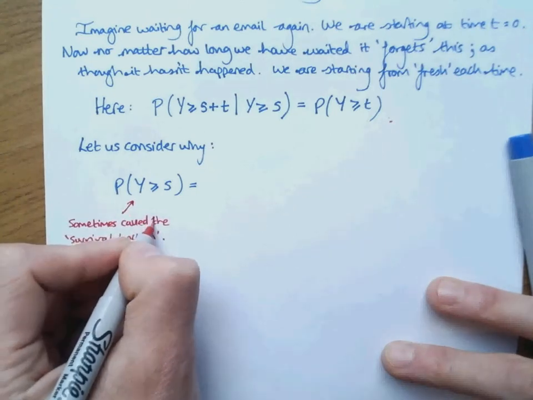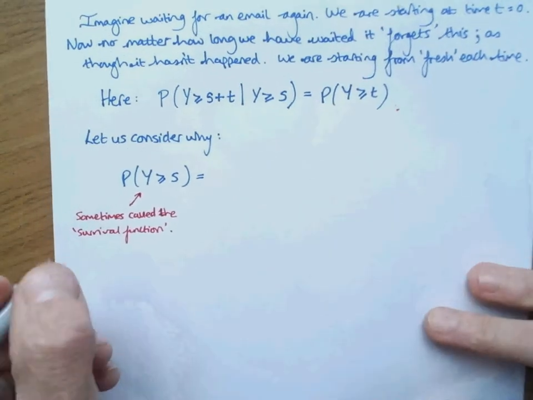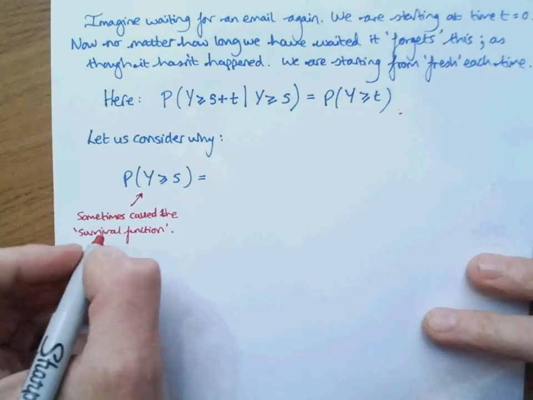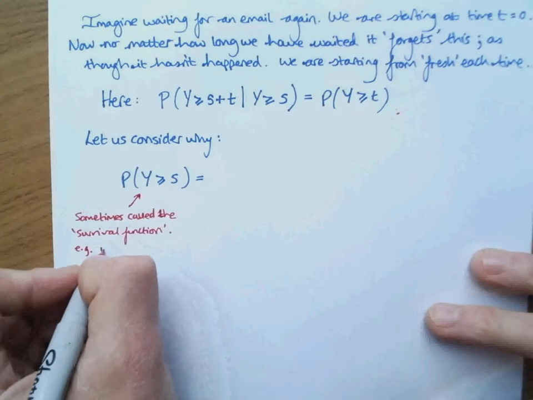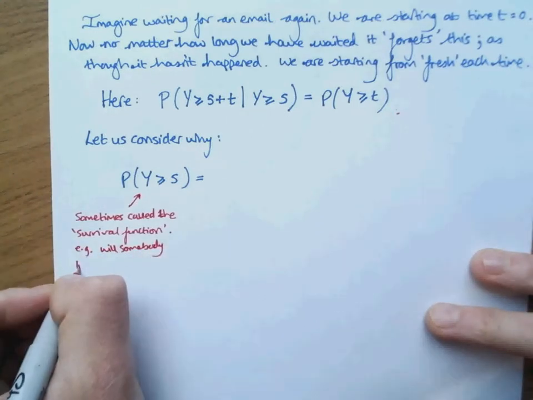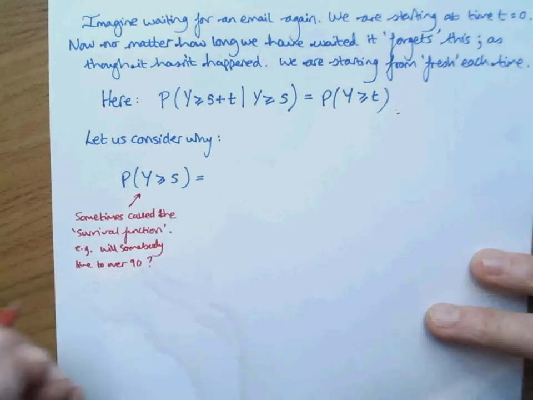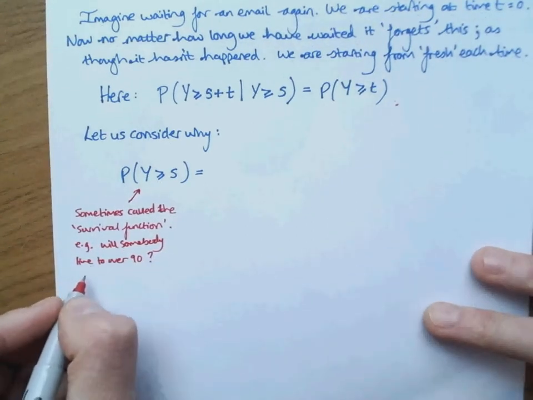The exponential function obviously comes up a lot in real life and nature, with things like exponential growth, so this is a very real world topic. It might be something like, will somebody live, how likely would they be to live over 90? Obviously you have to do some modelling to get to this stage.